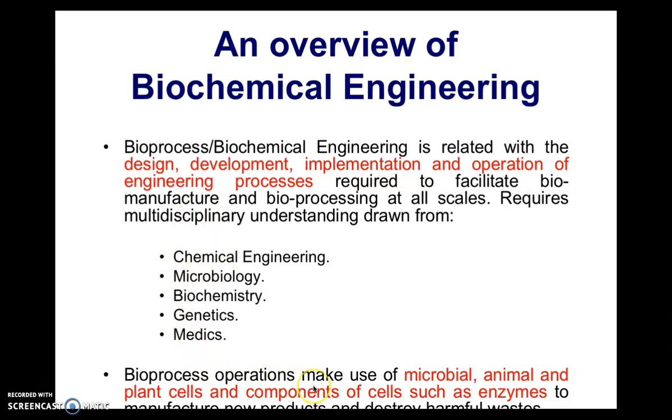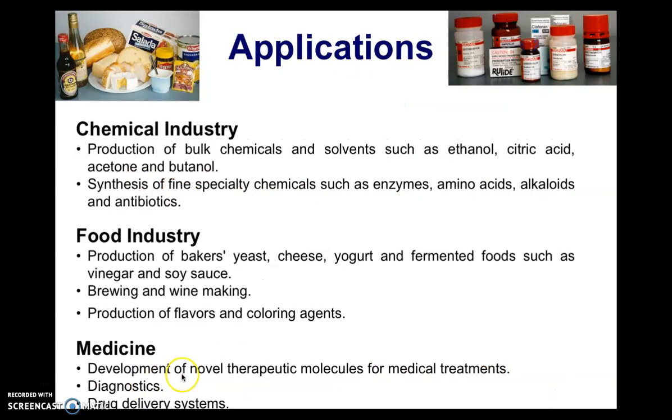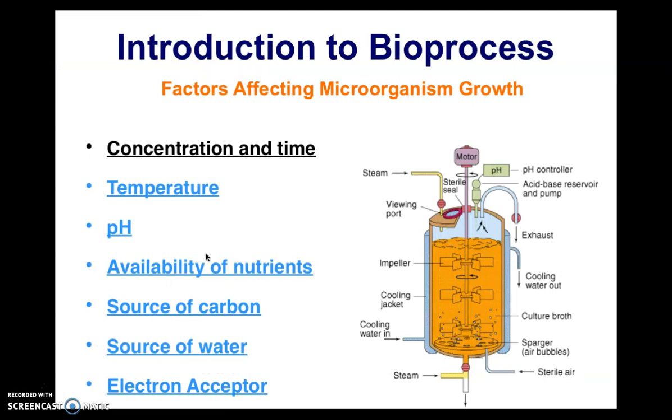Bioprocess operation is the use of microbial, animal, plant cells, and components of cells such as enzyme to manufacture new products and destroy harmful waste. These are the applications for the biochemical reaction industry. We can use it in chemical industry, food, and medicine. I think you can go through this in your textbook. So this is the introduction to the bioprocess.